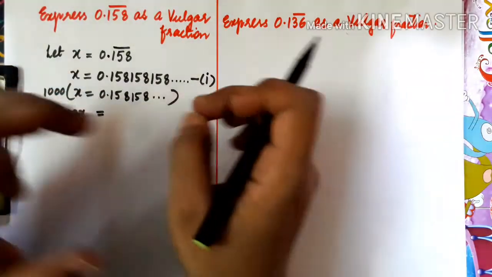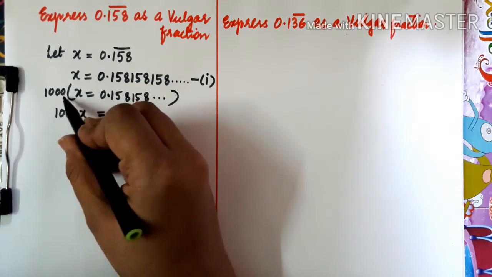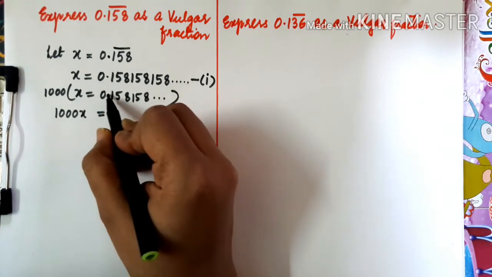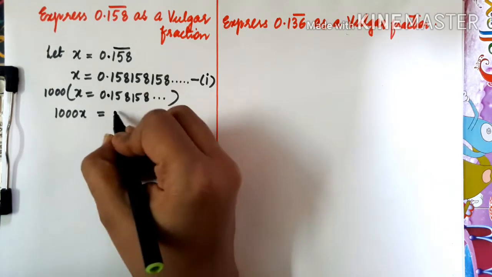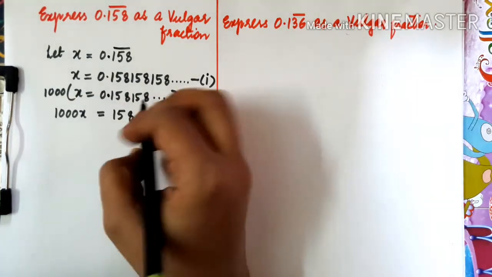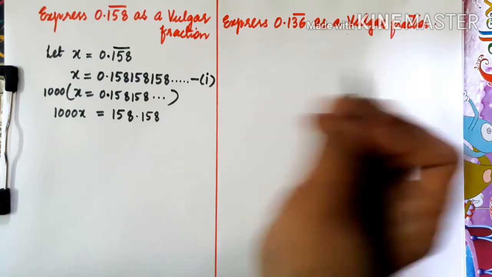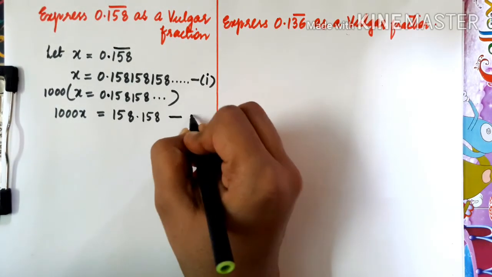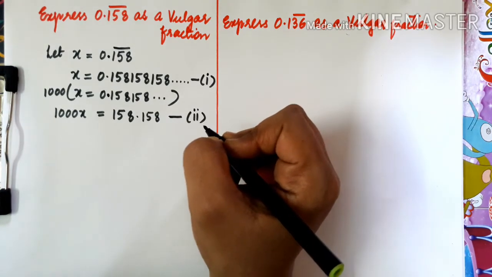You don't need to calculate separately; the decimal point is there, and you're multiplying with 1000, so after 3 digits you will get the point. So you will get 158 point 158 158, and it will just go on. Let us take this as equation 2.